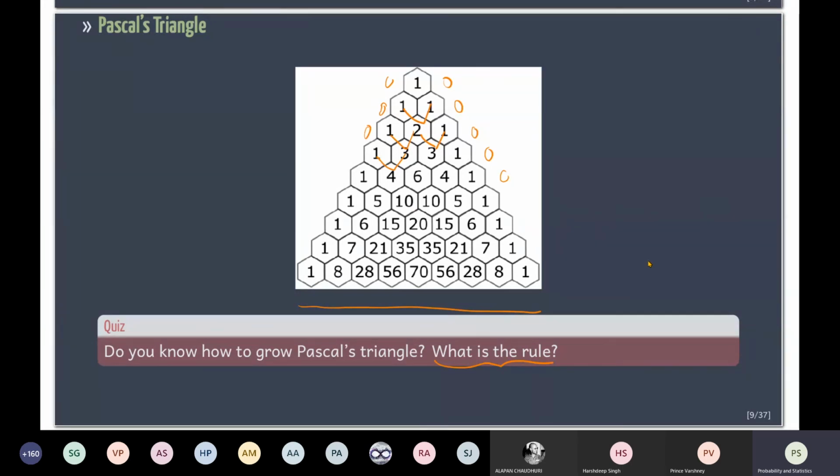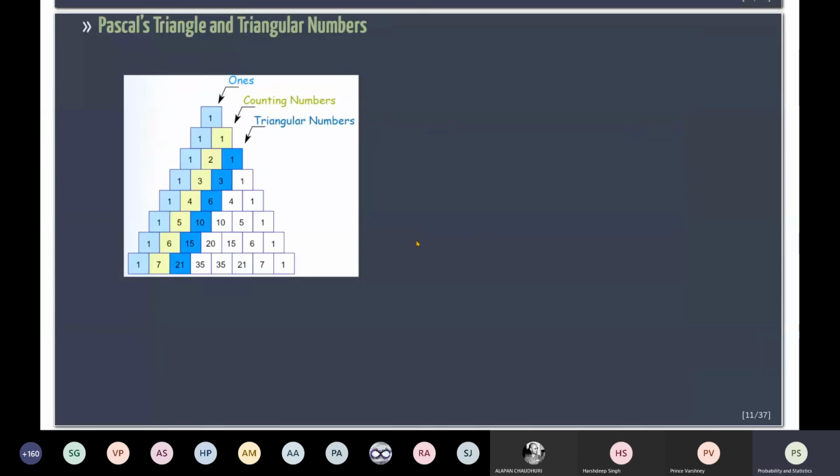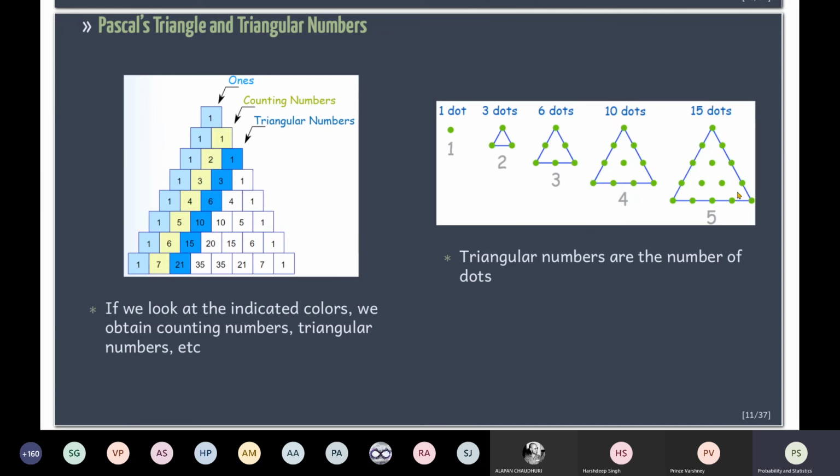But Pascal's triangle is related to a few other things. There are many things here I have listed, but I don't have to go into too much detail. Only some interesting things we can see. For example, if you go diagonally, the second one is counting numbers. The third one is triangular numbers, and so on. Triangular numbers are the number of dots in this triangle. How do I grow these triangular numbers?